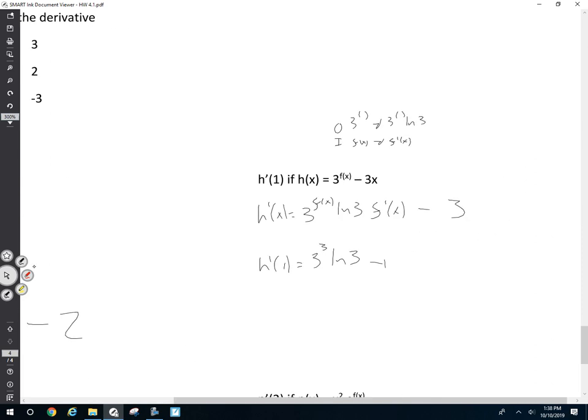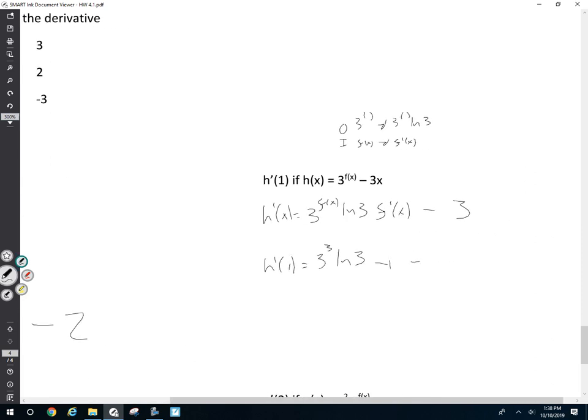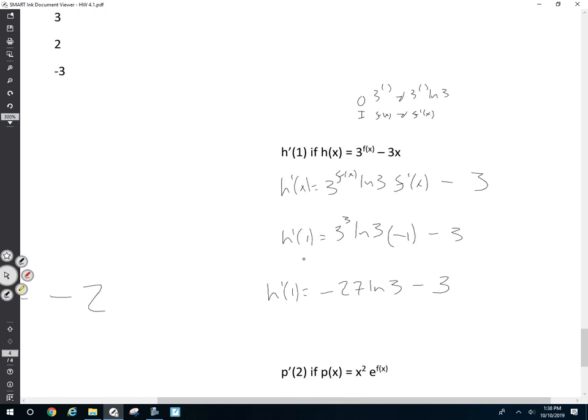Minus 3. This is times a negative 1. So this is negative 27 log 3 minus 3. Am I going to try to simplify that? No. Leave it like this. This is perfect. You don't know what the log 3 is. It's not something easily found. You just stop there.